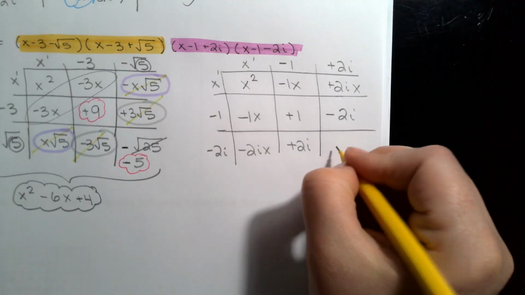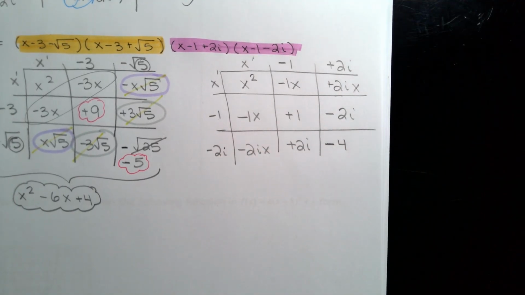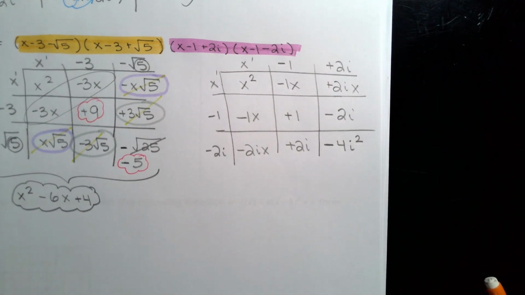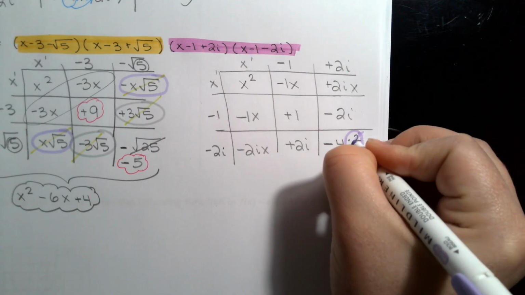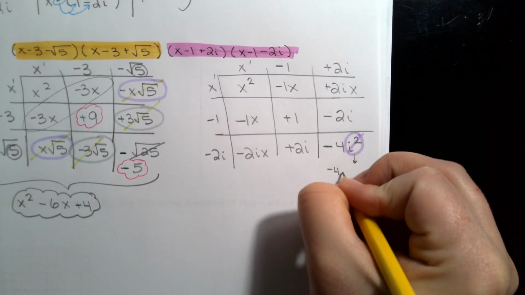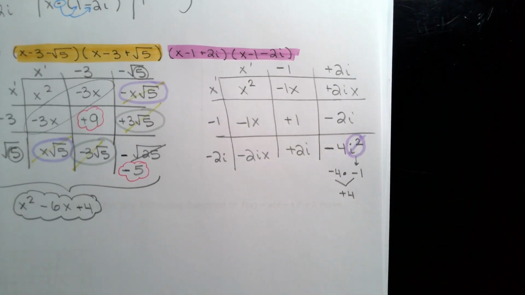Negative times a positive is a negative. 2 times 2 is 4. i times i is i squared. And this i squared is special because we will be removing i squared. i squared is just negative 1. So we have negative 4 times negative 1, which means I have a positive 4 in this location.